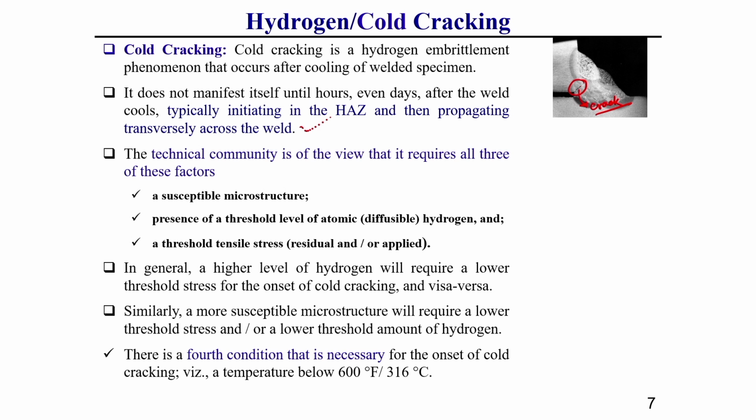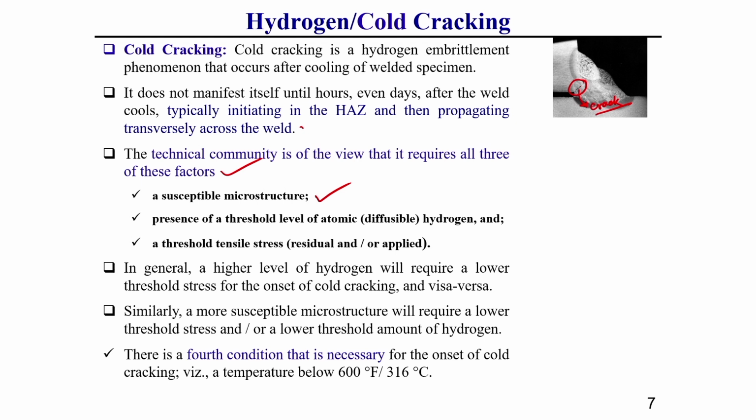So, the technical community is of the view that all three factors are required for hydrogen embrittlement related cracking. These three factors are essential. What are those three factors? First, a susceptible microstructure is required.